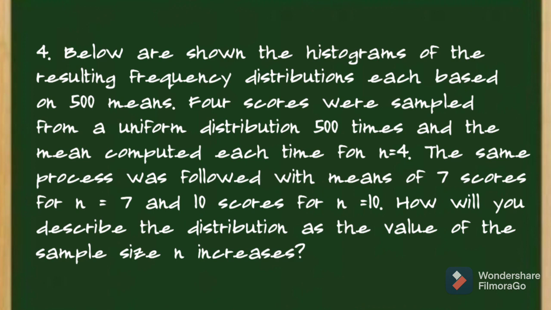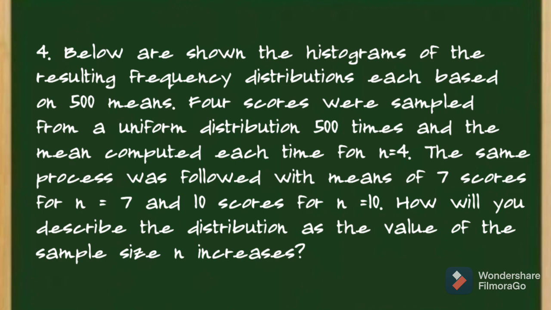Number 4. Below are shown the histograms of the resulting frequency distributions, each based on 500 means. 4 scores were sampled from a uniform distribution 500 times and the mean computed each time, for n equal to 4. The same process was followed with means of 7 scores for n equal to 7 and 10 scores for n equal to 10.